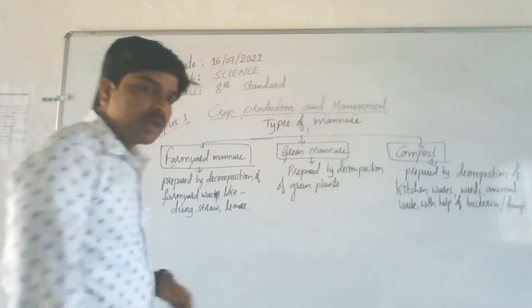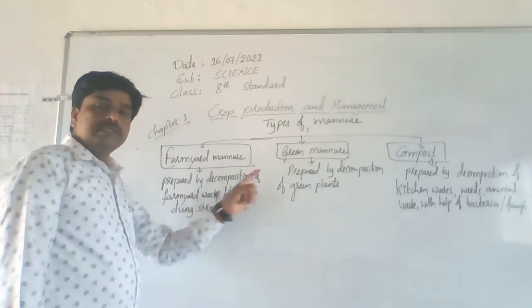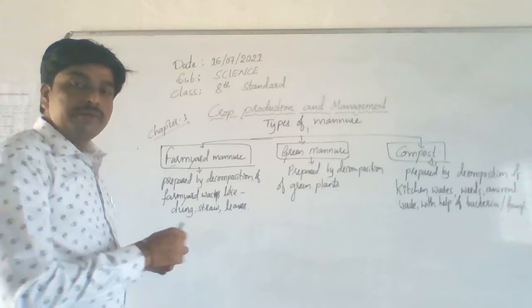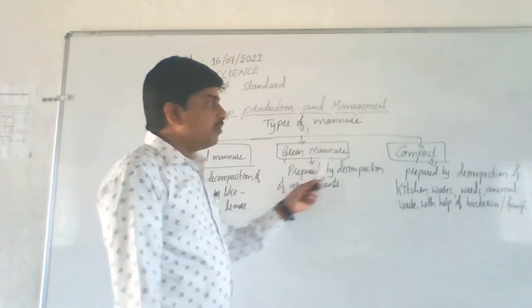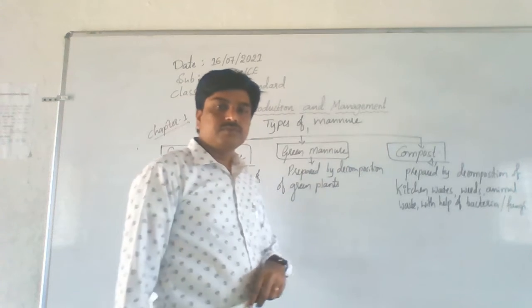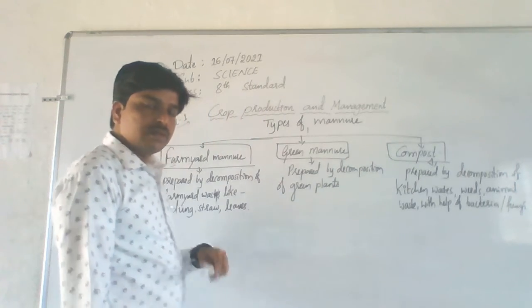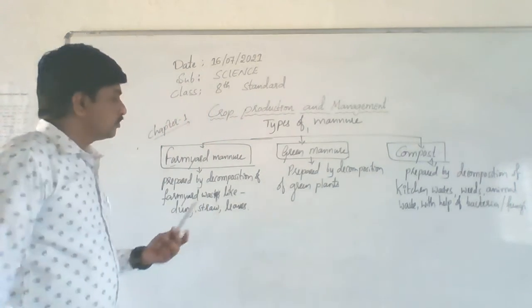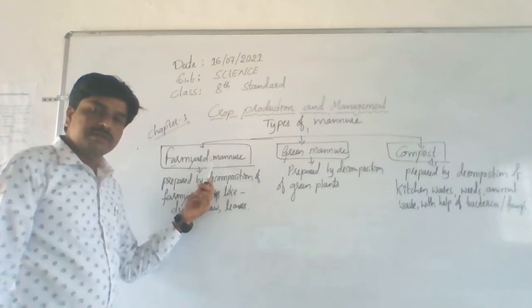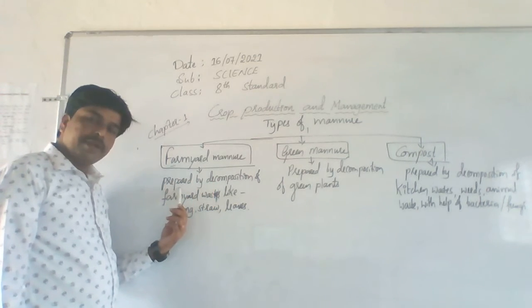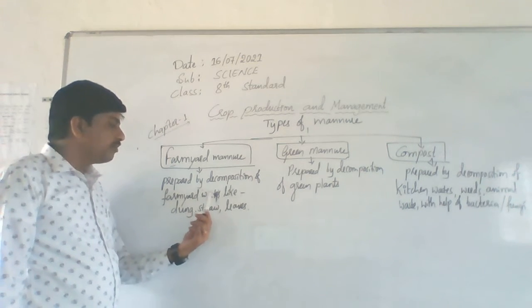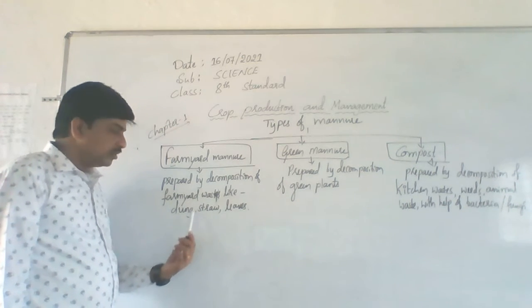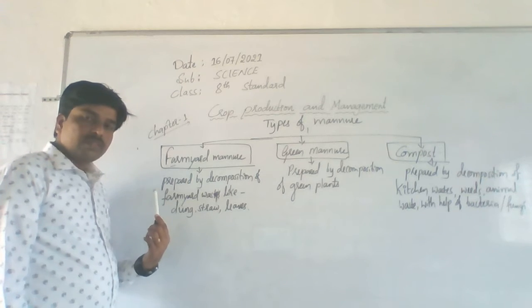These are the three main types of manures: farmyard manure, green manure, compost. Understand? Let's see how these are prepared. Farmyard manure is prepared by decomposition of farmyard waste like dung, straw and leaves.